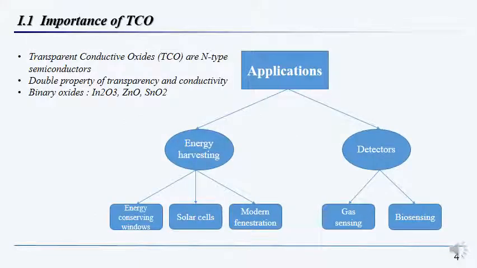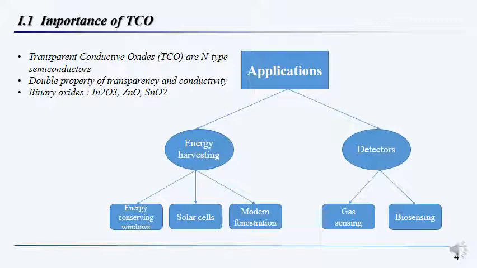The discovery of TCOs dates back more than 100 years ago, and ever since the value of these materials keeps growing commercially. The importance of TCO relies in their unique property of optical transmission combined with electrical conductivity.